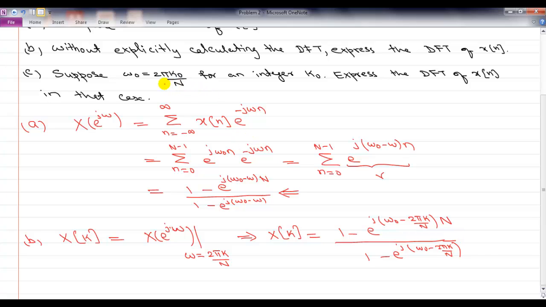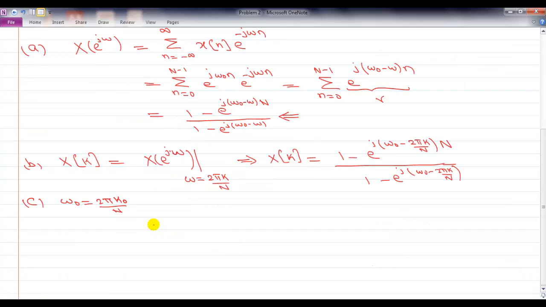Okay, the last part, and that is something that you should always try to remember. The last part is saying, now I have my frequency omega naught, which is a multiple of 2 pi over capital N. So previously, we didn't assume anything about omega naught. Now we are saying it's a multiple of 2 pi over N. So we are given omega naught equal to 2 pi k naught over N, where k naught is an integer.